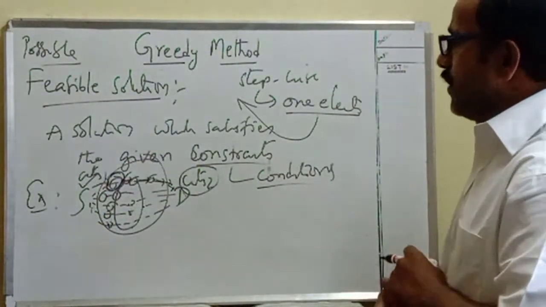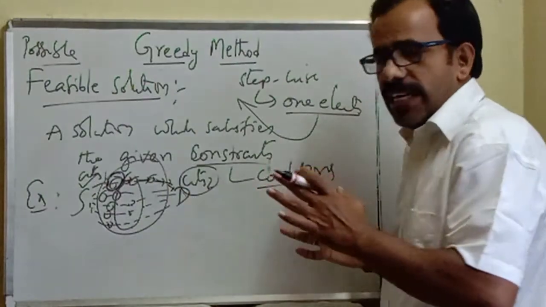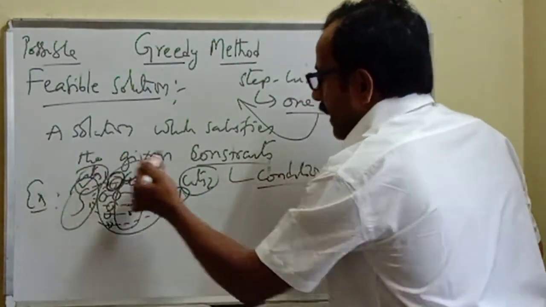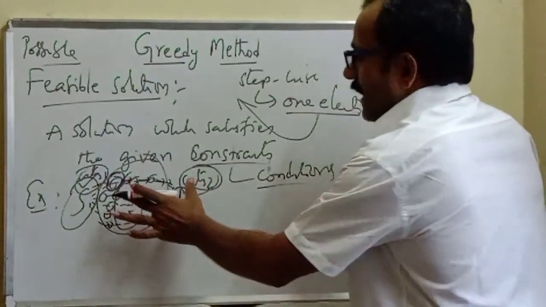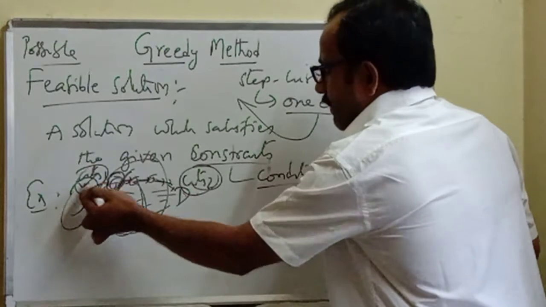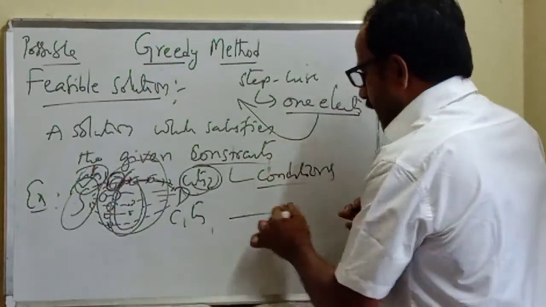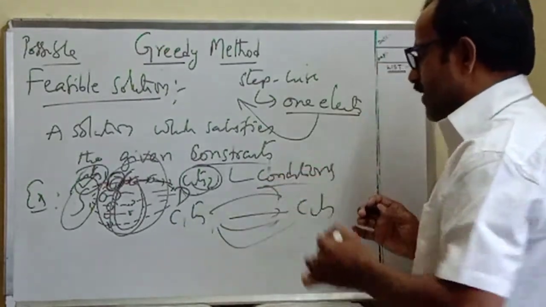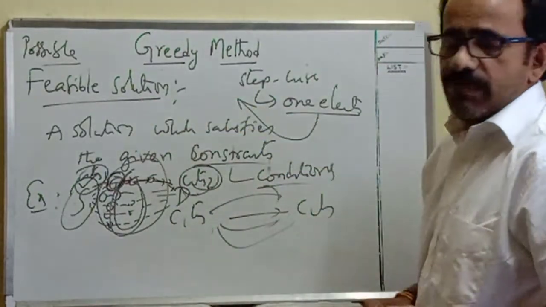Then what is a feasible solution? Feasibility means possibility. Start from source city 1 and reach city 2. Whatever paths are available between city 1 and city 2, those possible paths are called feasible solutions.